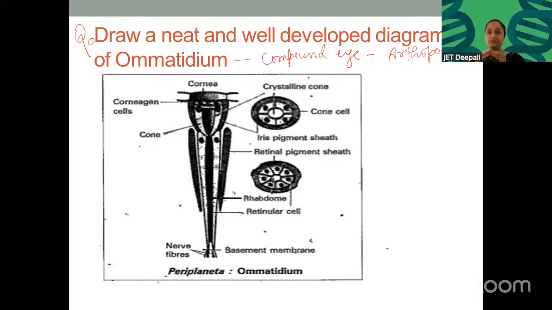So they basically have 200 to 2000 simple eyes. These simple eyes are accumulated together and give a compound eye. So their vision is enlarged. They have multiple vision. That is why you find it difficult to kill them or trap them. Why? Because they are seeing you everywhere.